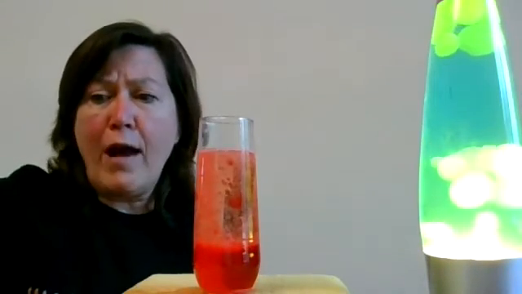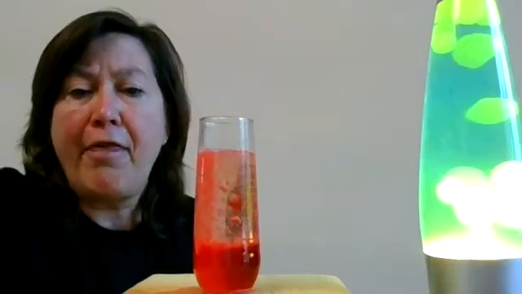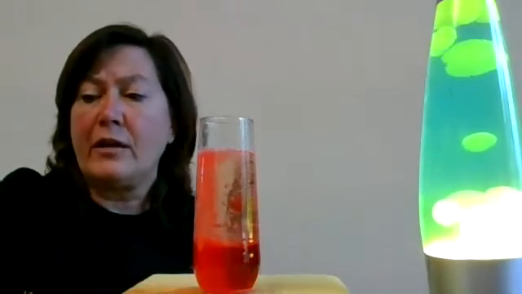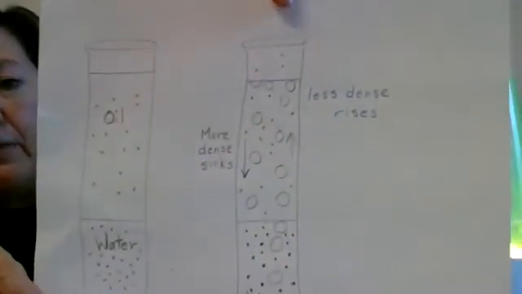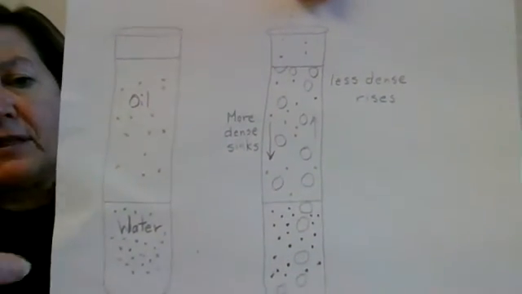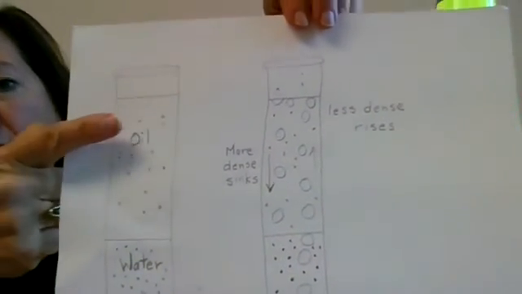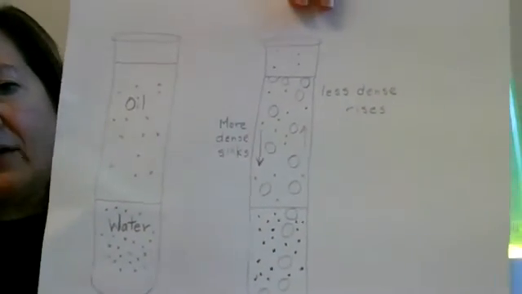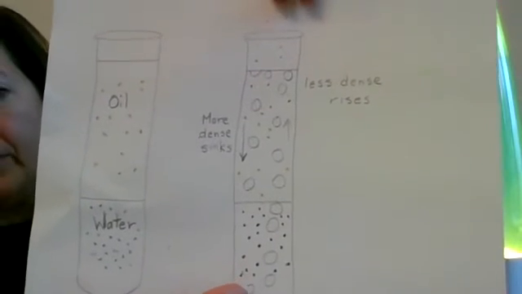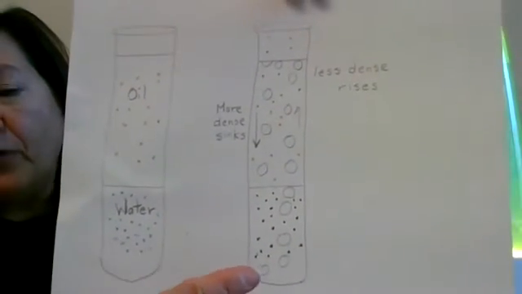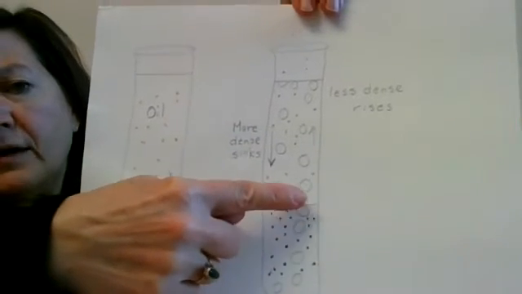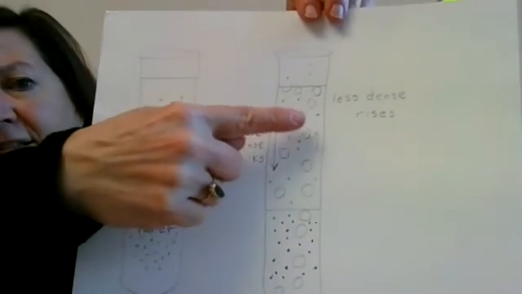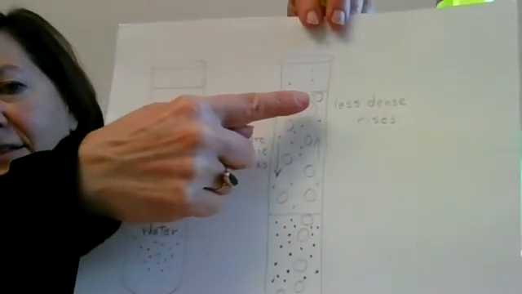So we can represent that action in another drawing. And we take this drawing and we can see first that the water was more dense than the oil, but then we added the Alka-seltzer and got a whole lot of bubbles. But those bubbles grabbed and carried some water up with them because the water and the gas together were less dense.